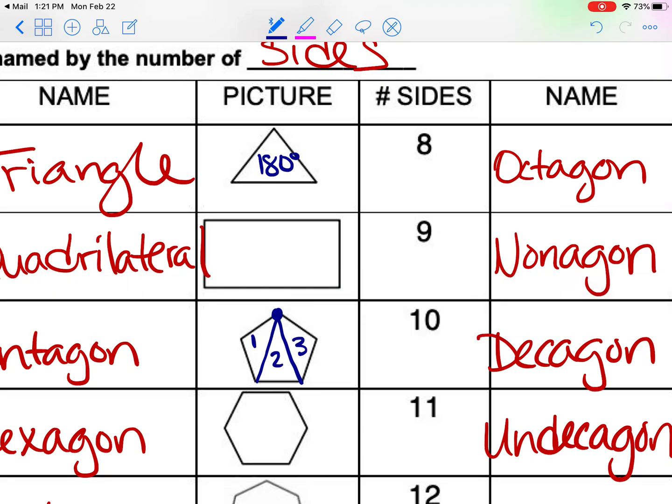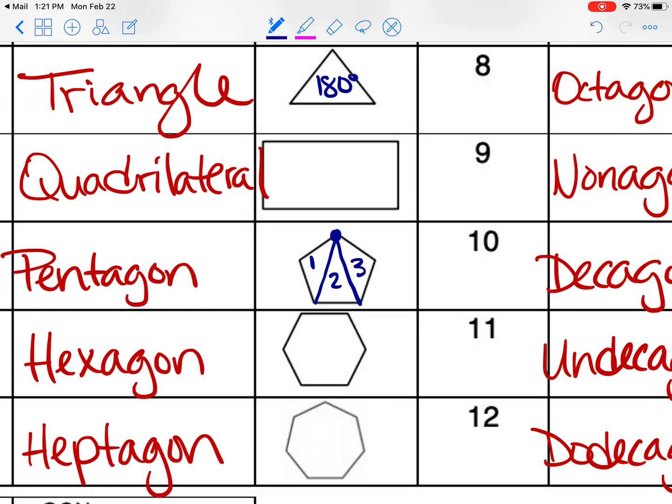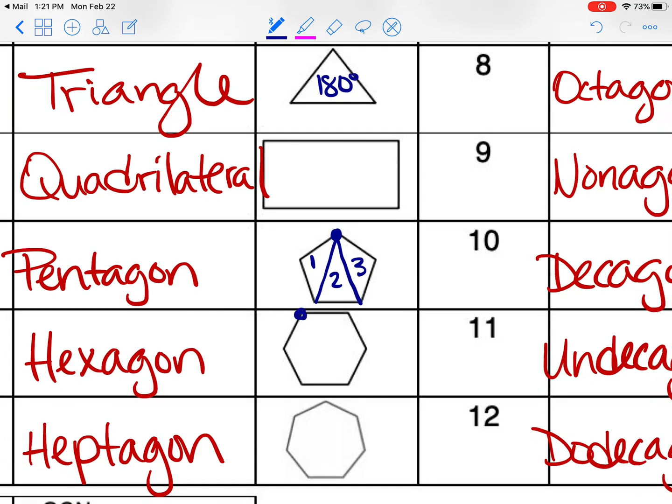Okay. So if each triangle is 180 degrees, 3 times 180 would give us the amount of degrees in that pentagon. Same thing with the hexagon if we look at it. If I pick a vertex, doesn't matter which one, and I connect all the non-adjacent vertices, I can see that I have 1, 2, 3, 4 triangles.